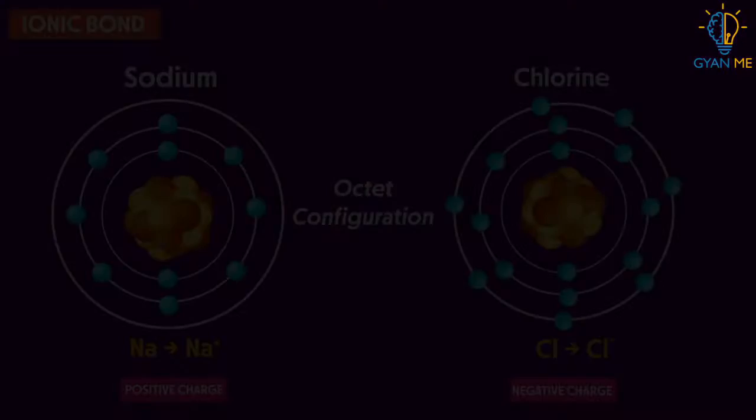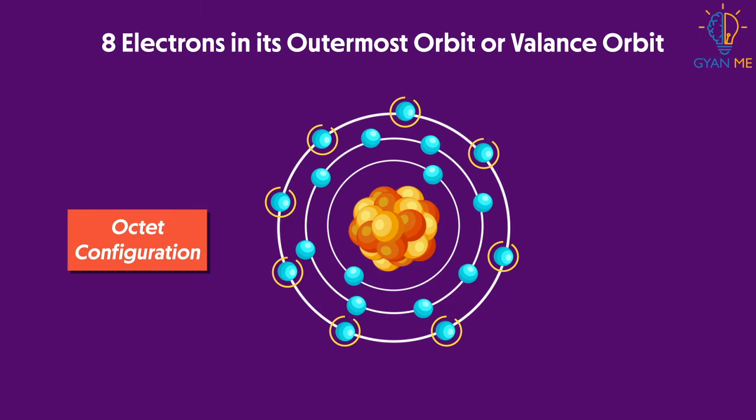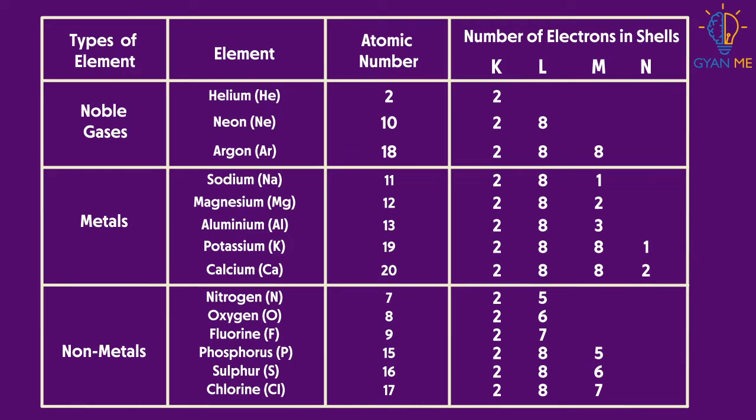Students, again, the octet configuration is nothing but the stable state electronic configuration of 8 electrons in its outermost orbit or valence orbit. This octet configuration is also called as octet rule. Let us understand this in a better way.